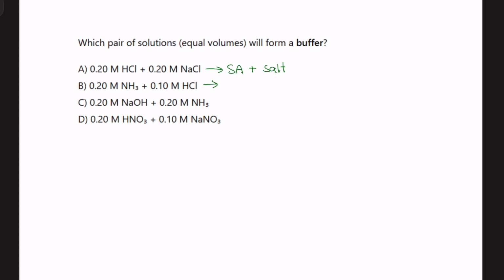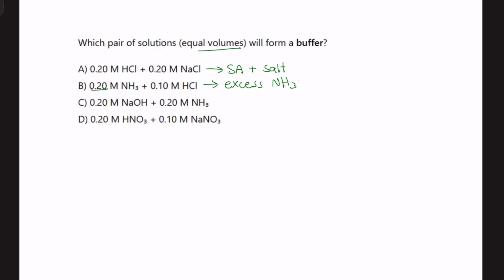So option B, I have 0.2 molar NH3, which is a weak base, plus 0.1 molar of HCl, a strong acid. Because they're of equal volumes, I know that there's going to be some excess NH3 left over because it has a higher concentration and the volumes are equal.